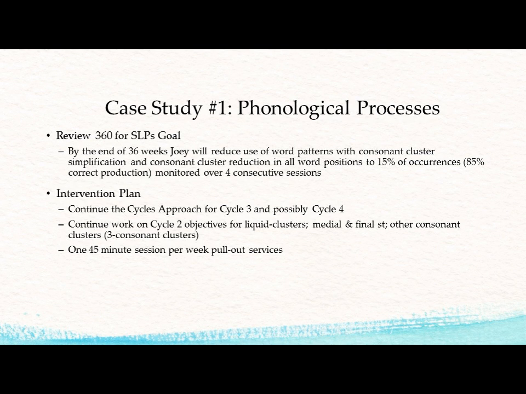His intervention plan was to continue the cycles approach for cycle 3 and possibly cycle 4 if needed, continue to work on cycle 2 objectives for liquid clusters, medial and final ST, and other consonant clusters, most specifically 3 consonant clusters. The intervention plan also called for one 45-minute session per week of pull-out services.